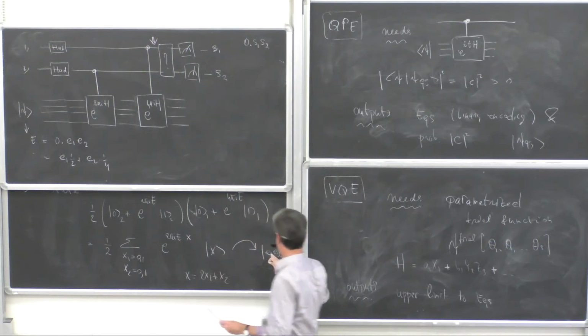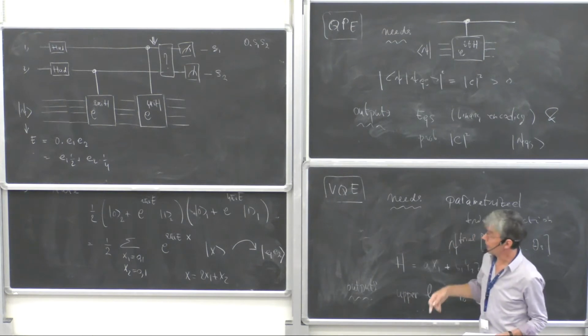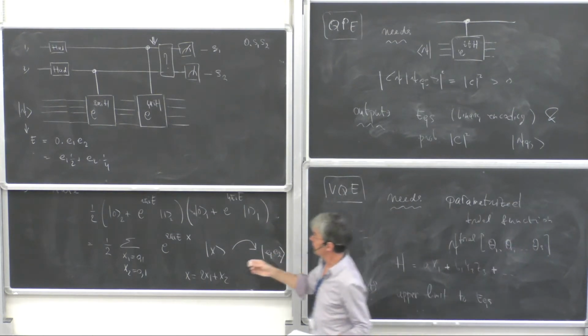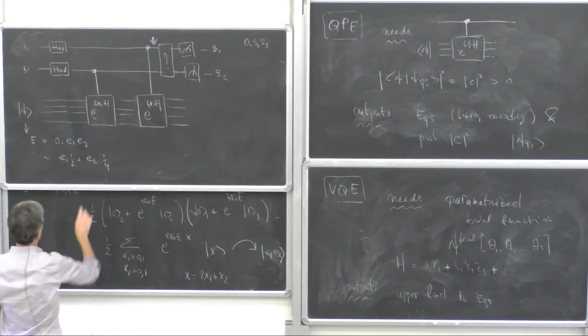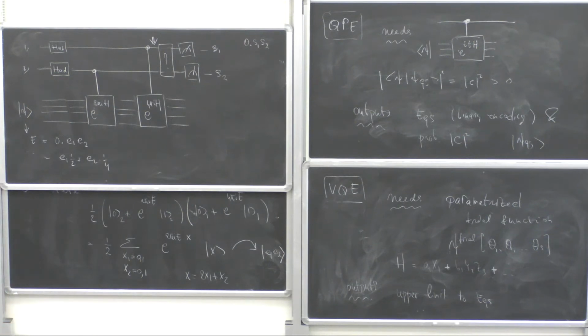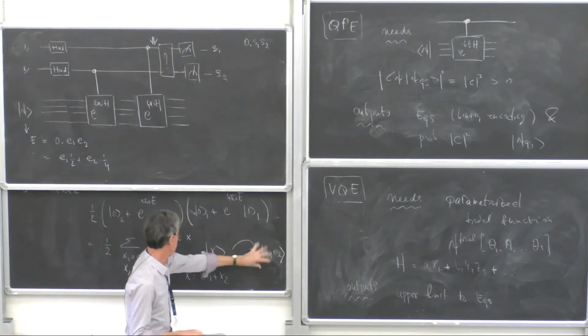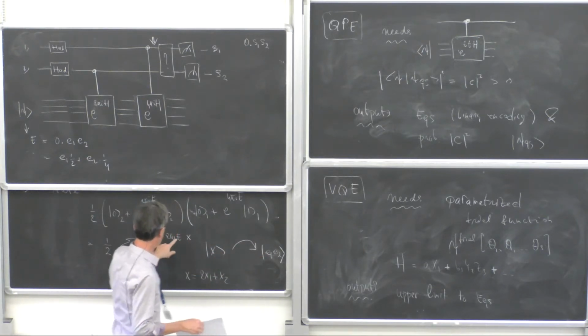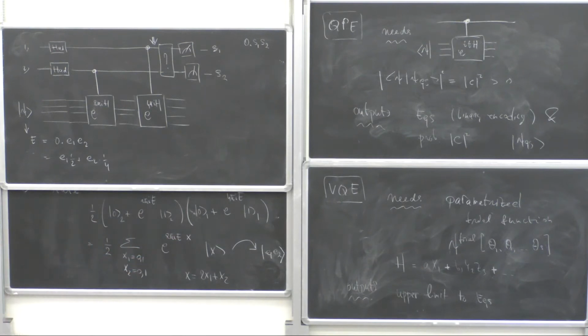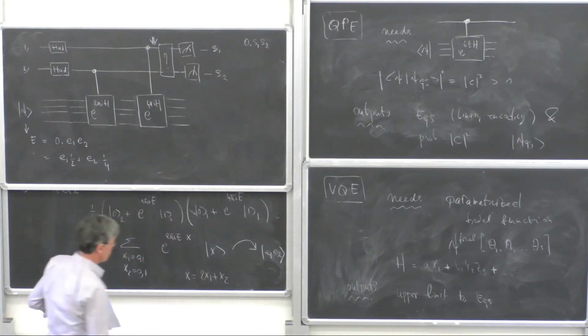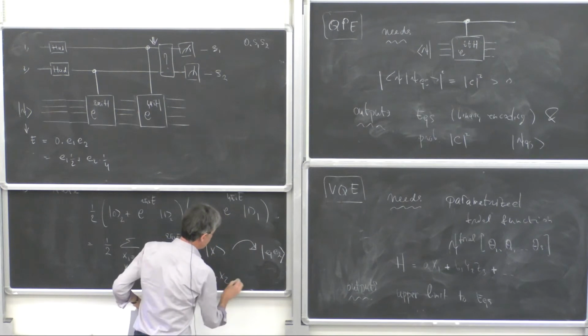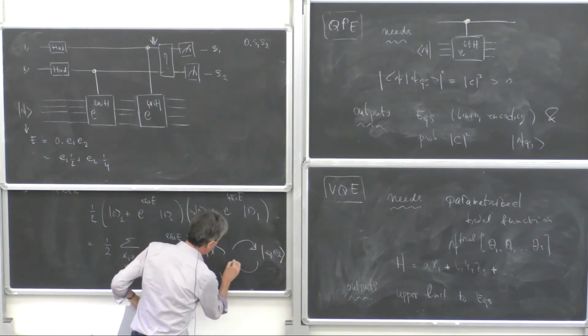Because if it gives me that state and I measure, I'm pulling out these 2 numbers, and I can build up my eigenvalue, 0, quarter, half, 3/4. So I need an operation that sends this thing to that thing, where again these 2 E's are hidden in my E in the exponent. Okay, so I need this, and then there's a way to go back.